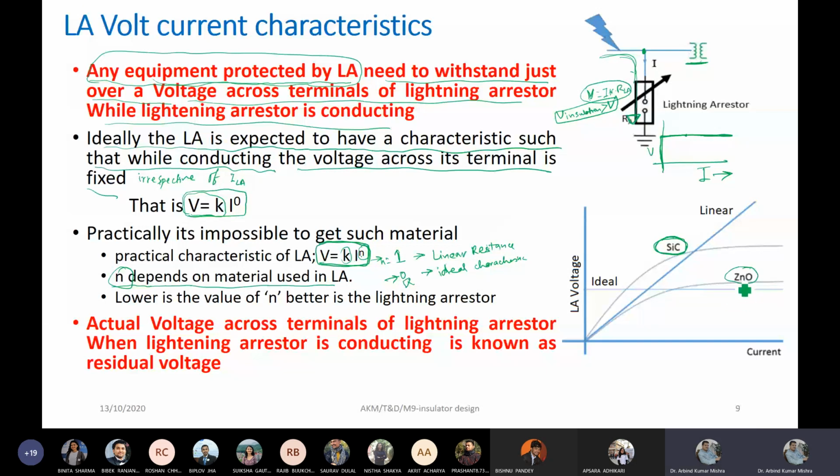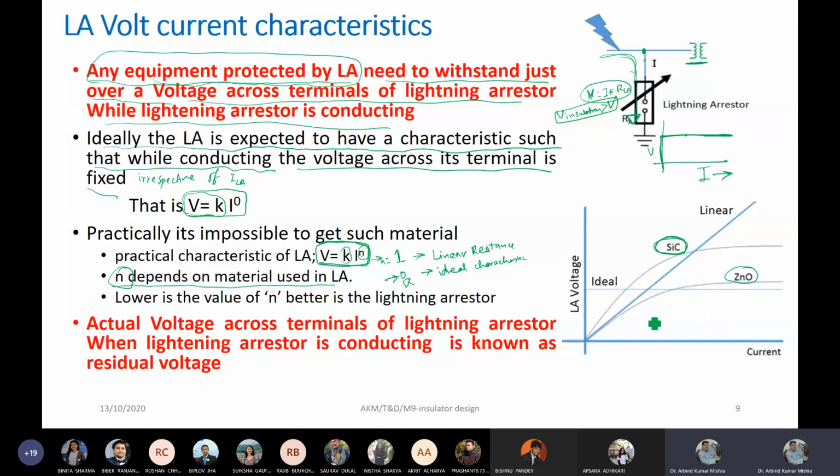Zinc oxide has the property that we can make this N even closer to 0 compared to silicon carbide, and therefore a very good quality lightning arrester is a metal oxide one.